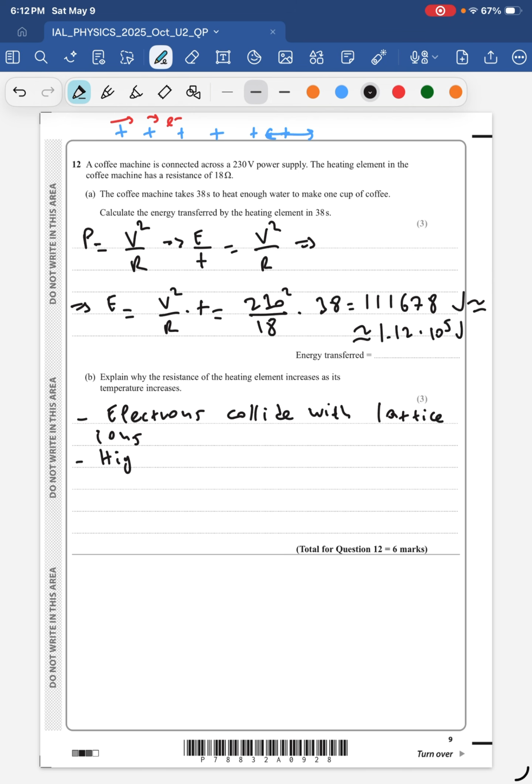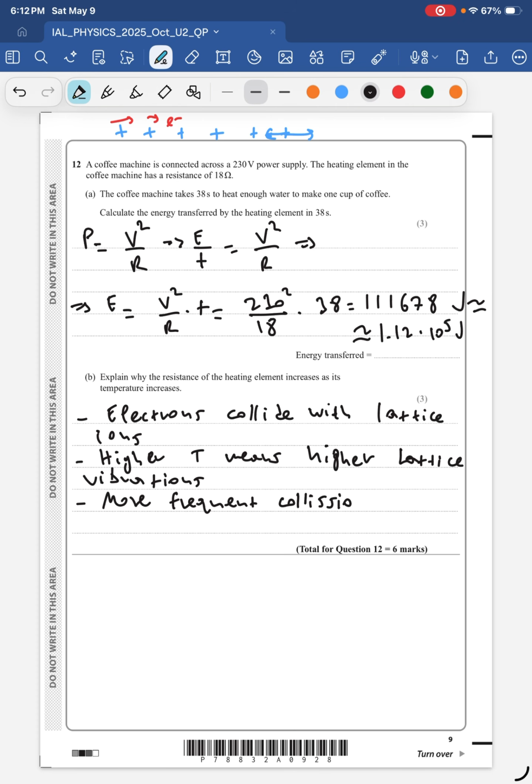So I will write down what I just said. So higher T means higher lattice vibrations. And then this means more frequent collisions occur.